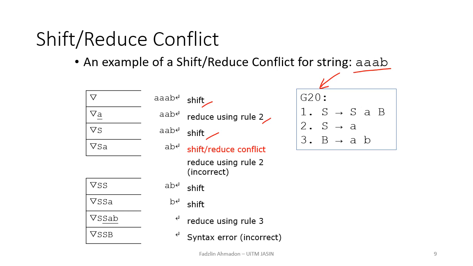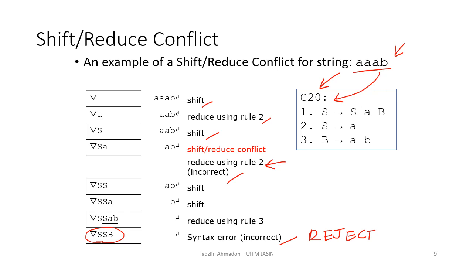So if the parser chooses to do a reduce operation, finally the parser will determine that there is a syntax error, or the input string is rejected by grammar 20. When by right, this input string should have been able to be accepted by grammar 20 if in this particular step, instead of reduce, we do a shift operation.